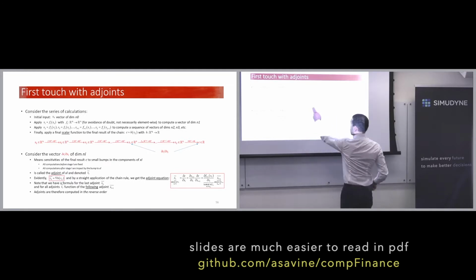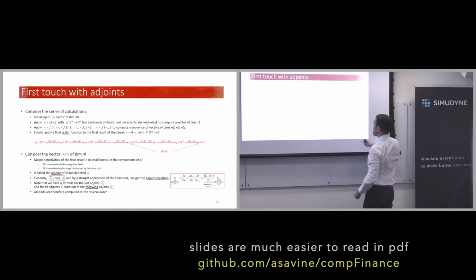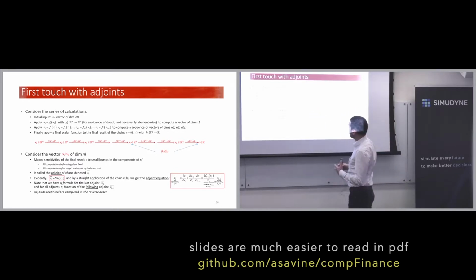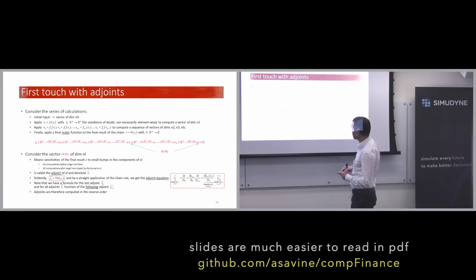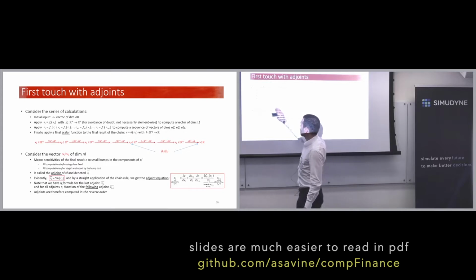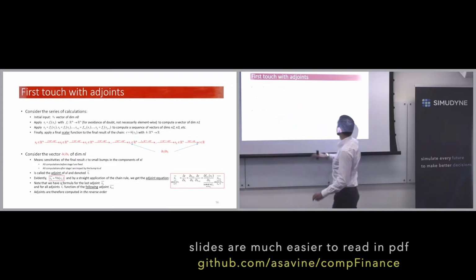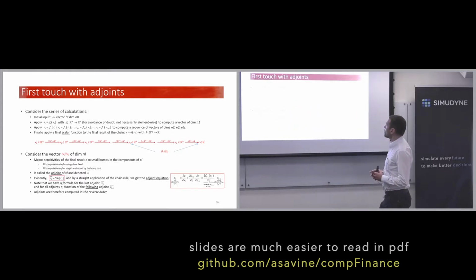That will impact the rest of the calculation, and it will impact the result C. So what we call dC over dxL is the vector of the sensitivities of the final result C to bumping by small amounts the components of xL as they are calculated in this sequence of calculations.